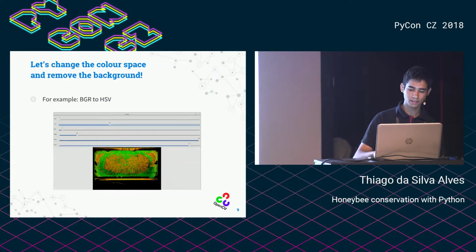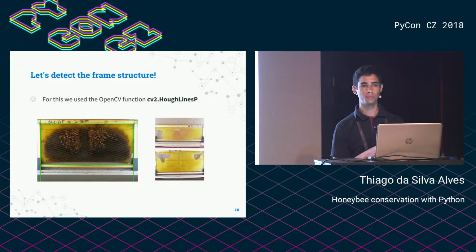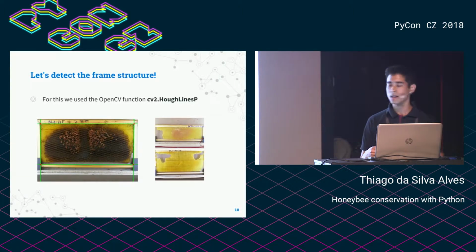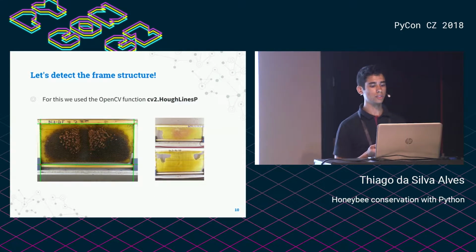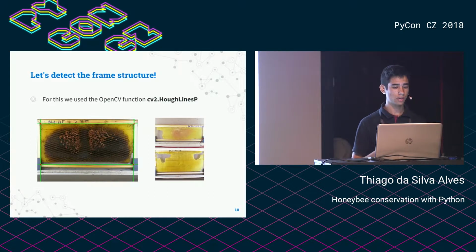The next approach that we thought would be a good one was to try the Hough Transform. The Hough Transform is one method implemented in OpenCV, and with it we can detect, for example, different shapes in an image. In this case, we tried to detect lines, and in some way to segment only the center of the frame.